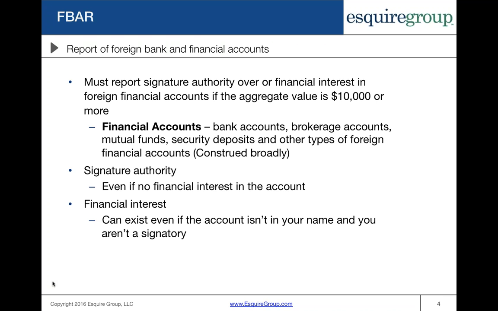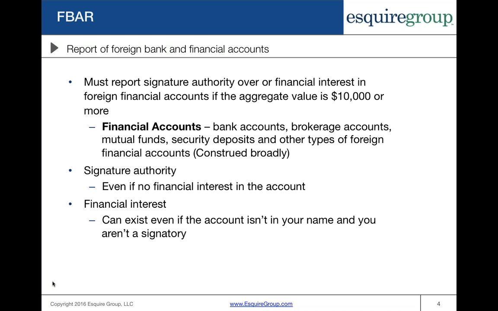The second one is a financial interest. What is a financial interest? A financial interest is a little different because you can have a financial interest in a foreign financial account without having signature authority. An example would be, let's say that you have a German friend that lives in Germany and you give him 20,000 euros to put in his German bank account on which you do not sign.